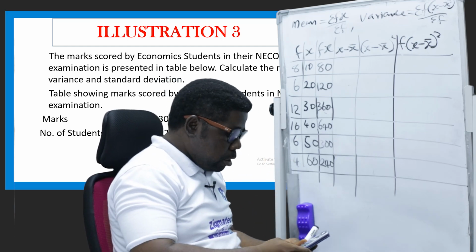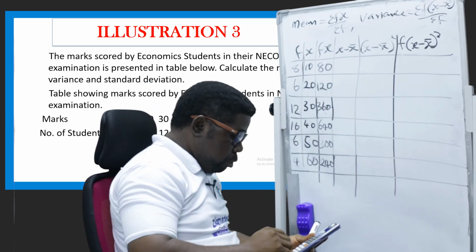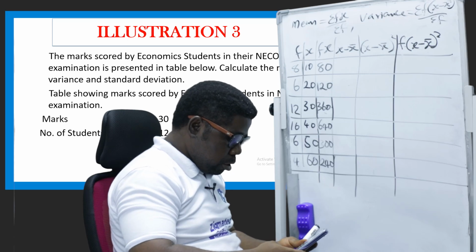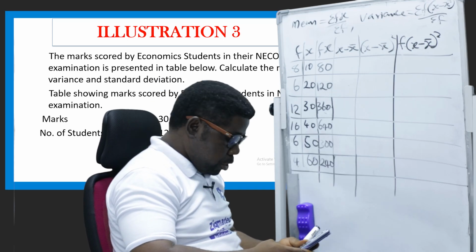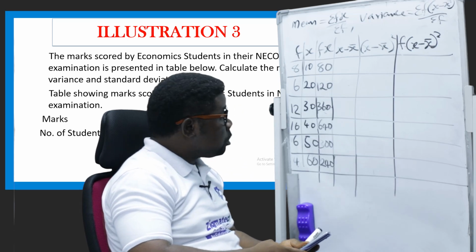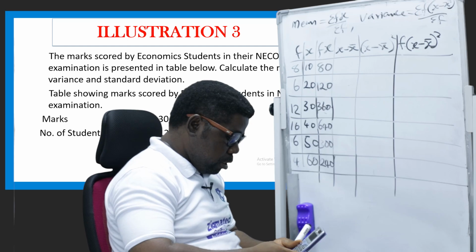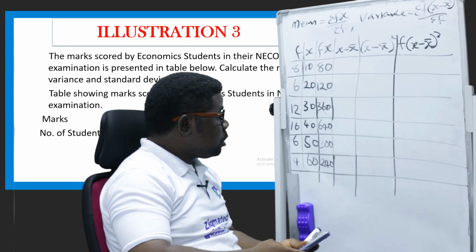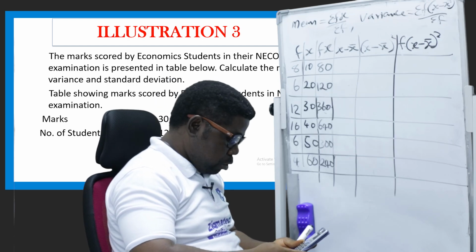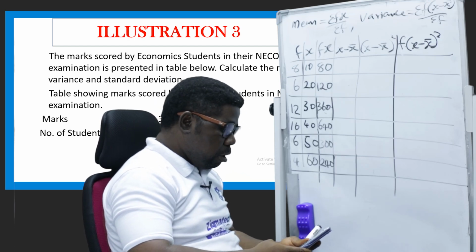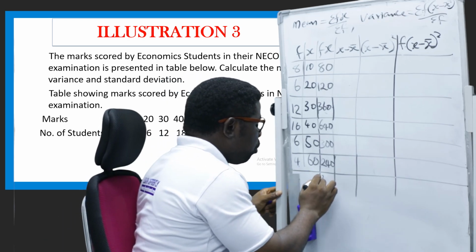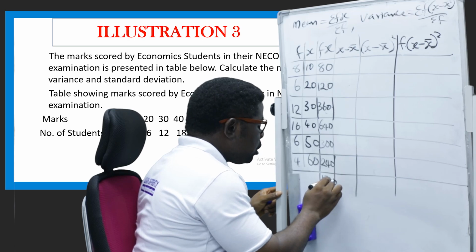So we add 200 plus 360 plus 640 plus 300 plus 240. We have 1740 as our value.